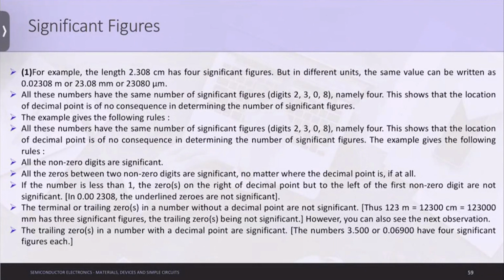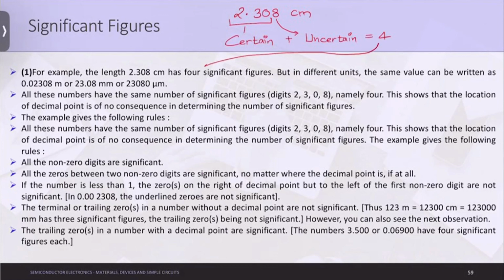We will keep on practicing the concept, and then it will be easy for us to understand. In 2.308 centimeters, these digits are certain, and this one is uncertain. Certain plus uncertain is equal to 4. Therefore this has 4 significant figures.